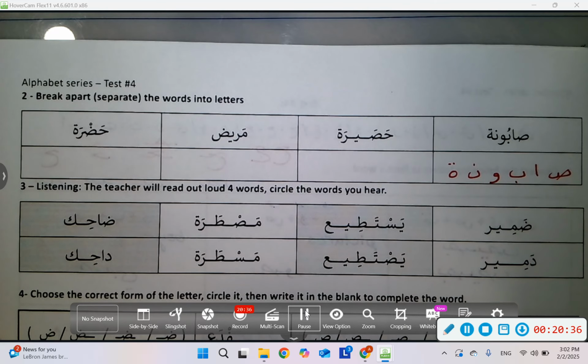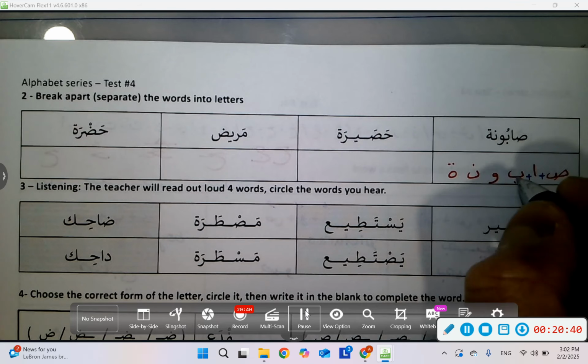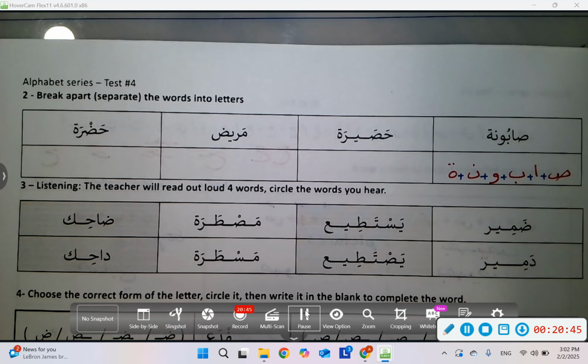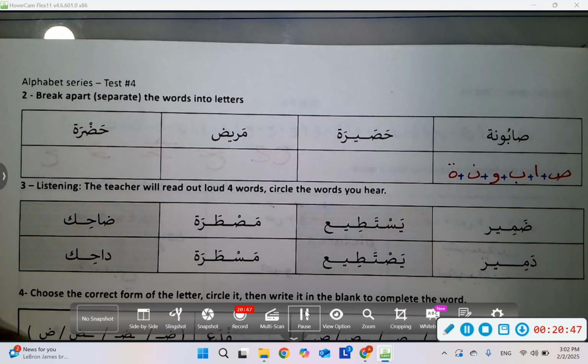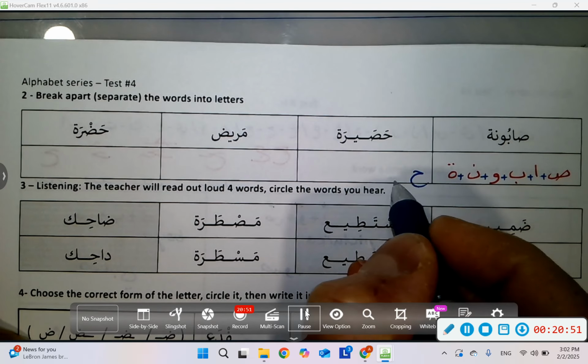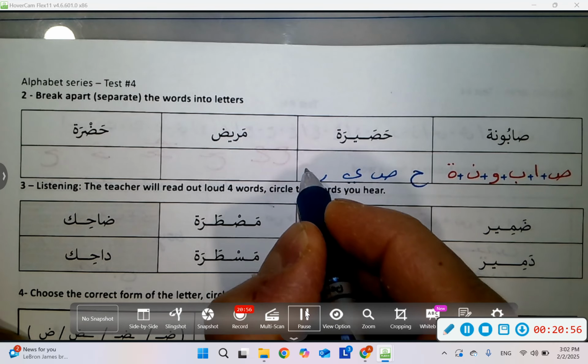You can put the plus or don't put the plus, it doesn't matter. If you don't want to do the plus, that's fine. حصيرة: حاء, صاد, ياء, راء, تاء مربوطة.